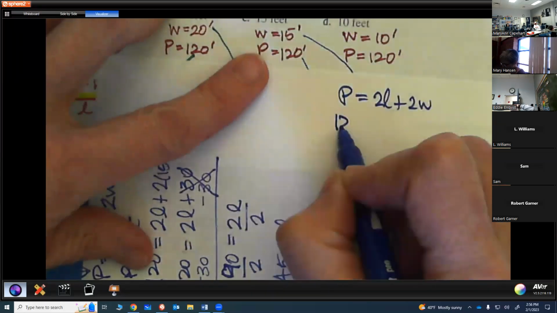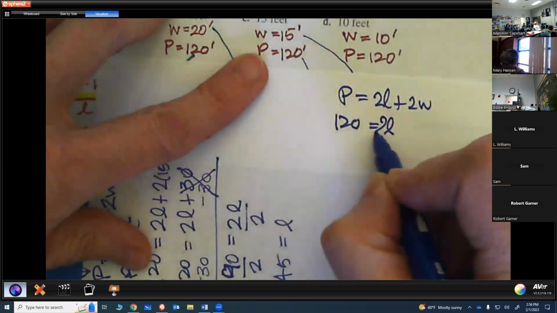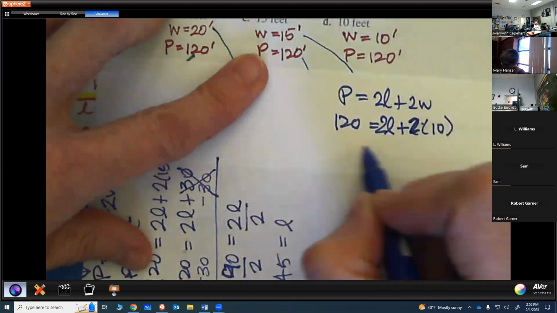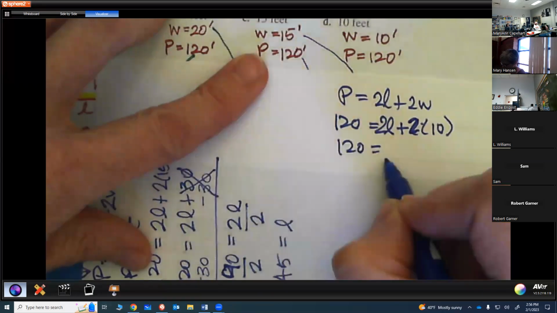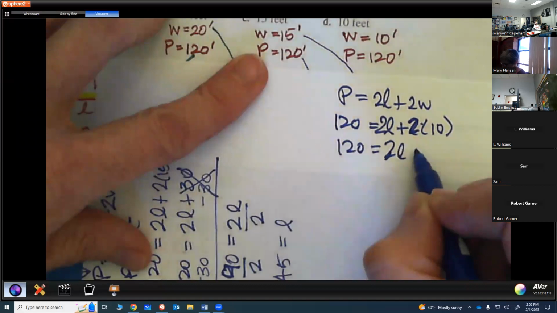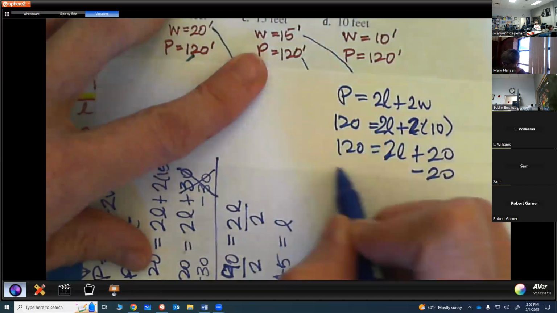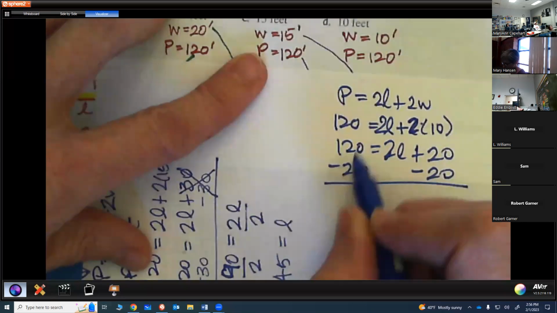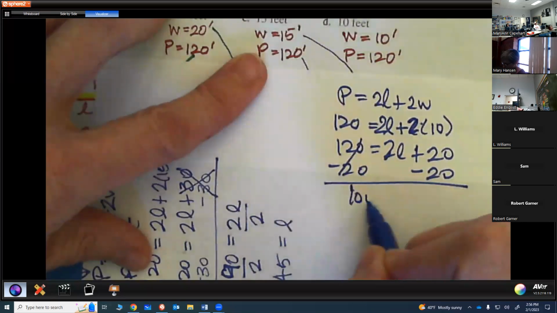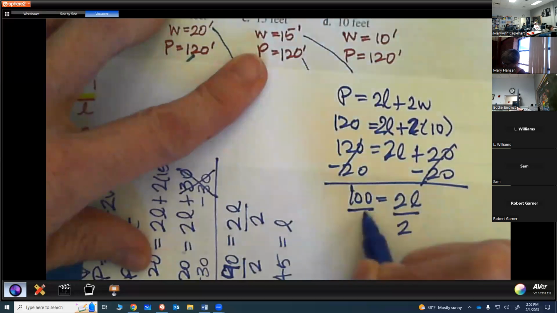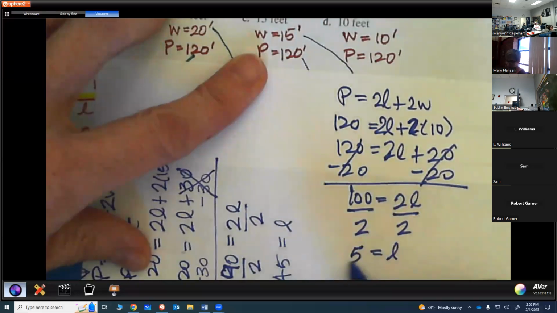I'm going to put in 120 for P, and I'm going to put in 10 for W. I can multiply 2 times 10 to get 20. And then I'm going to subtract it off, and divide by 2. And L is 50.